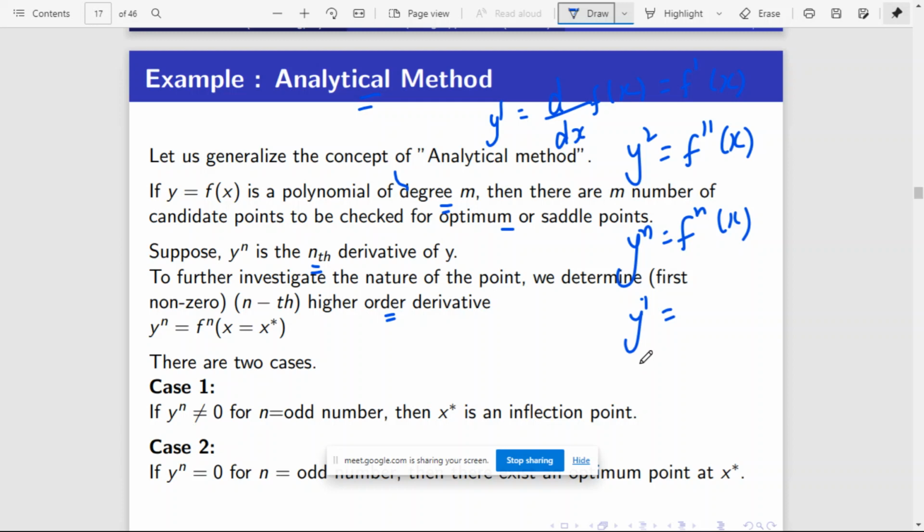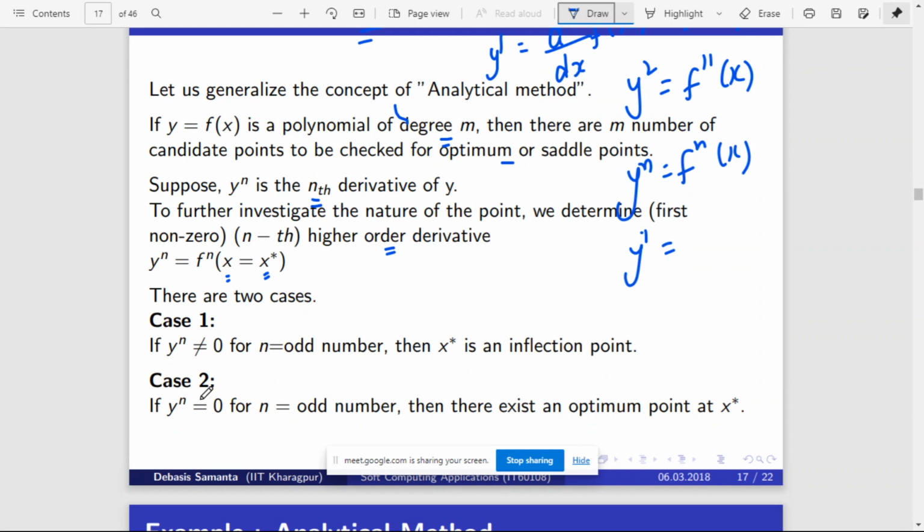After taking some level of derivative, you have to check whether there is any value of x, x is equal to x star, for which yn is equal to 0. If you found such a value, and if n is an odd number, then it means that there is an optimum point at x star.